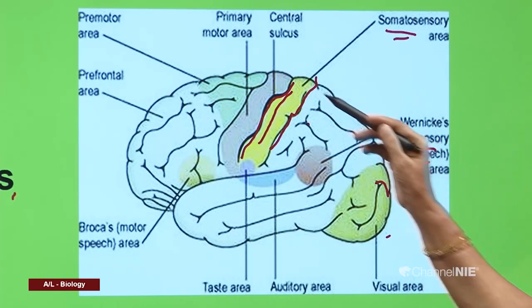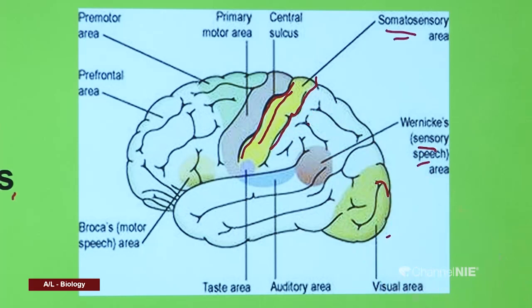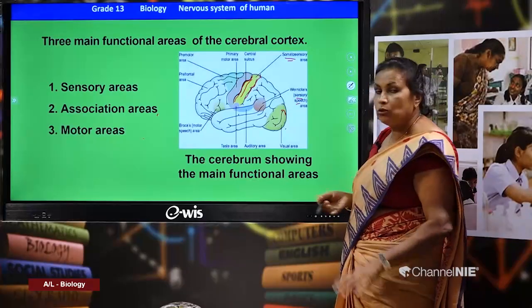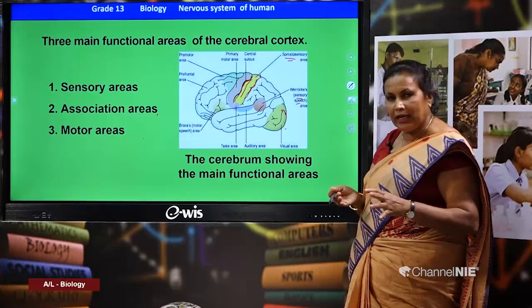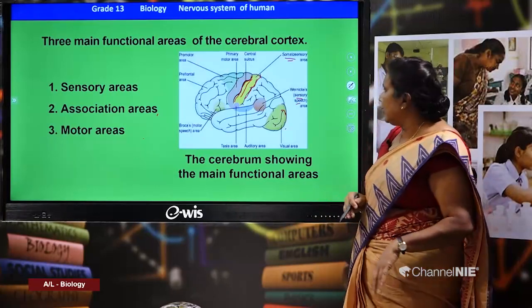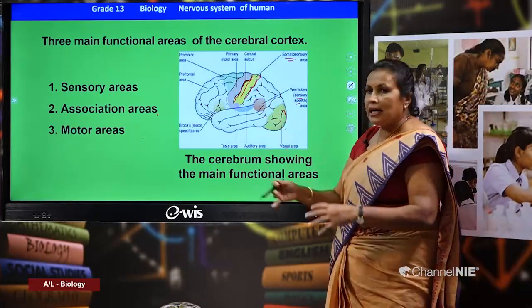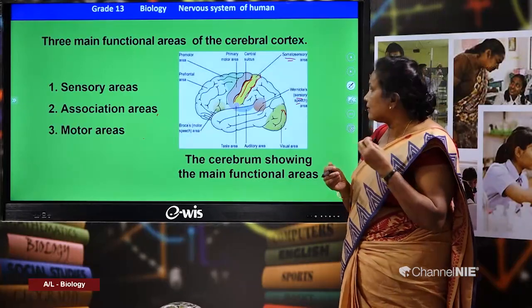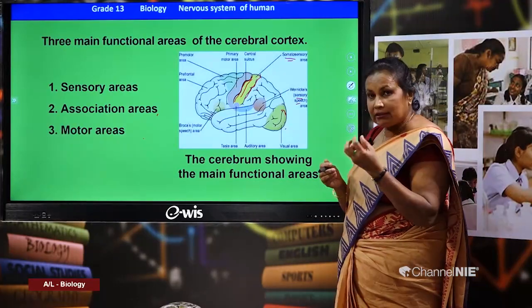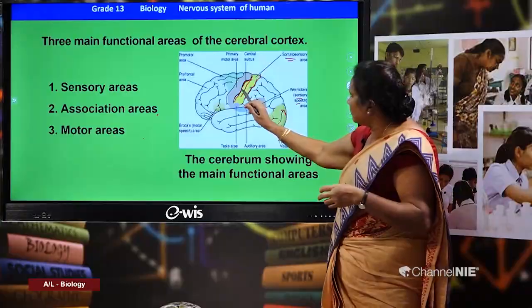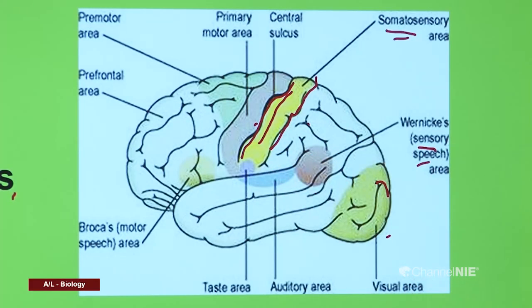In addition to that, it contains motor areas. Sensory areas get the nerve impulses from different sensory organs throughout the body. Did you understand? Throughout the body. Motor areas send impulses from this region to the different effector organs to carry out responses.